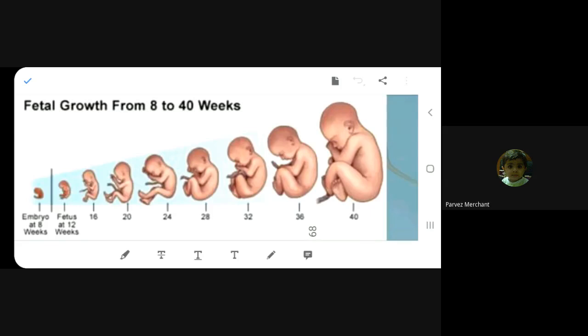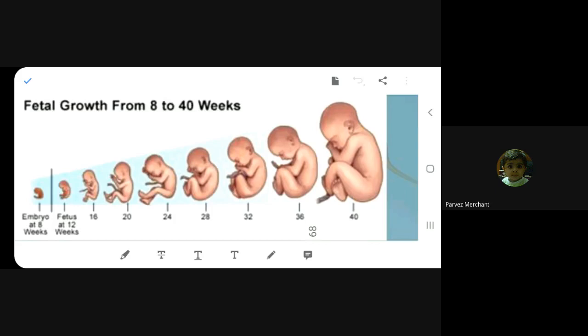Now, second point: how is the zygote formed? By the fusion of ovum and sperm, isn't it? And we get the zygote.